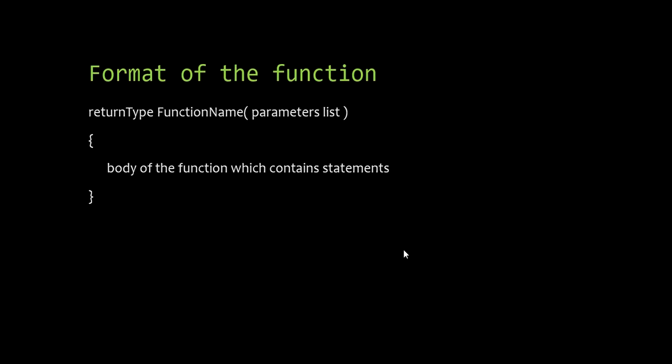So basic format of the function in C is like we have to define the return type, then space, proceeding with the function name, then parameters, and inside the curly braces we will define the body of the function that contains the lot of statements that need to be executed.